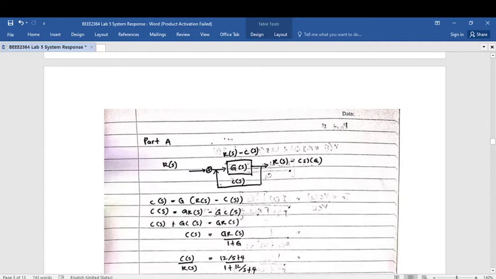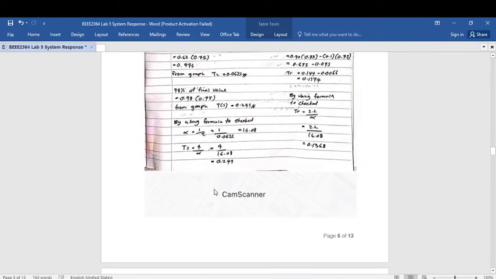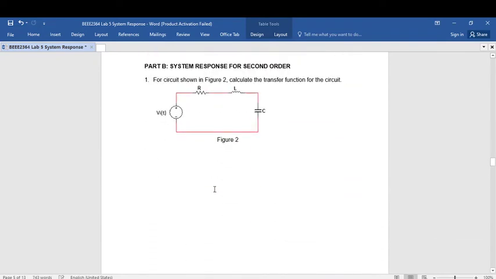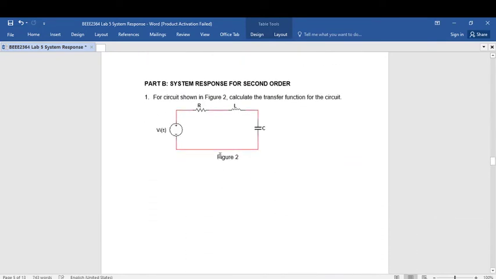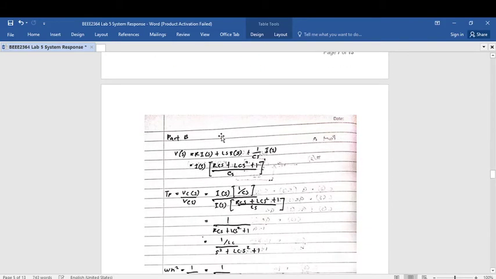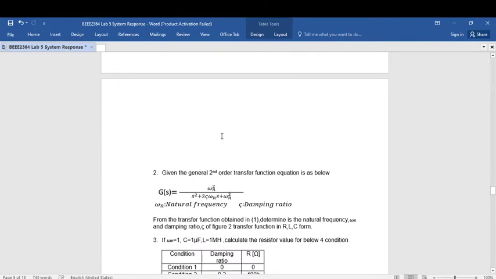So we move to part B, that is second order. For part B, we have been given the RLC circuit, and we have been given the natural frequency and damping ratio.